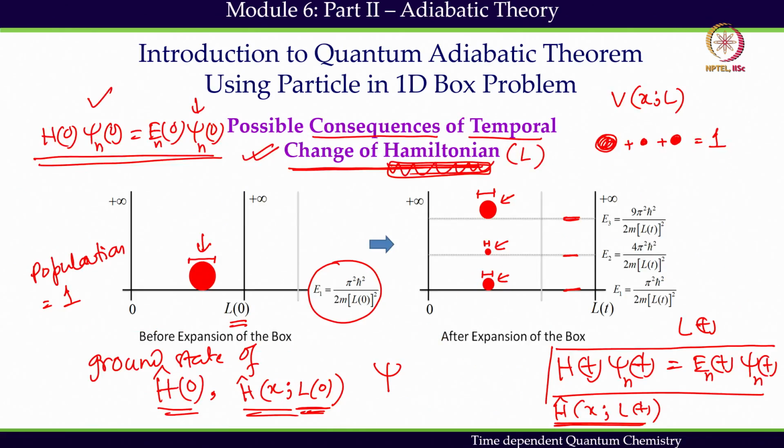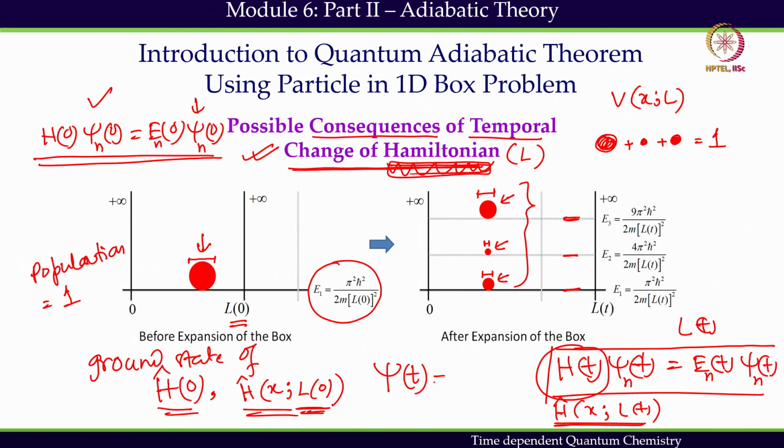But because of this expansion, because of this possibility of development of the population in different states defined by Ht now, one can say that the particle is not in a stationary state anymore. It is in a non-stationary state, which is defined by psi t.